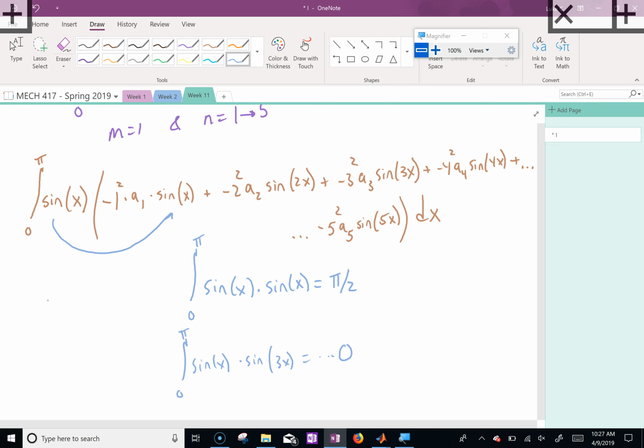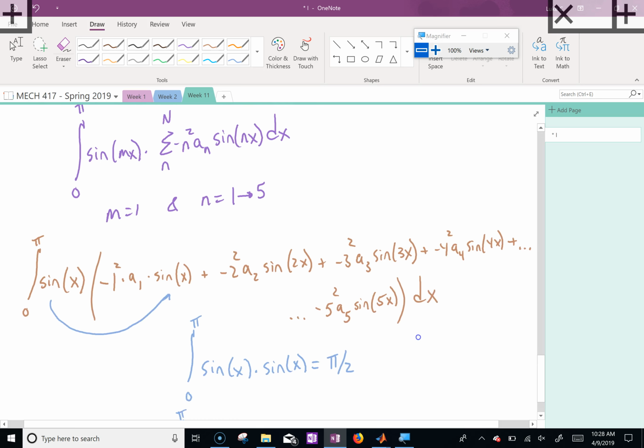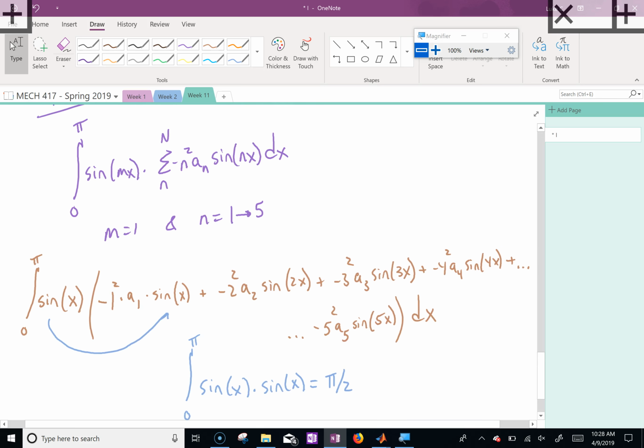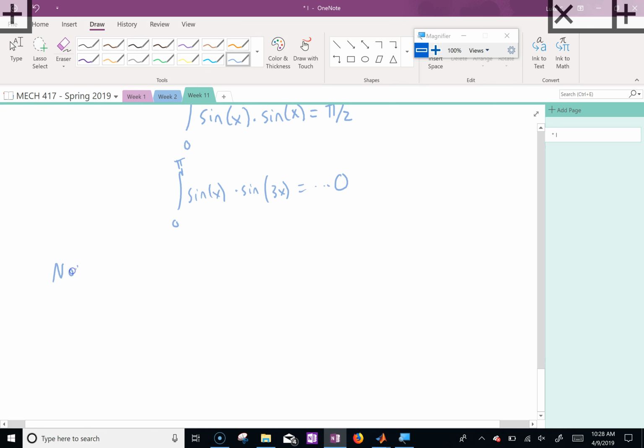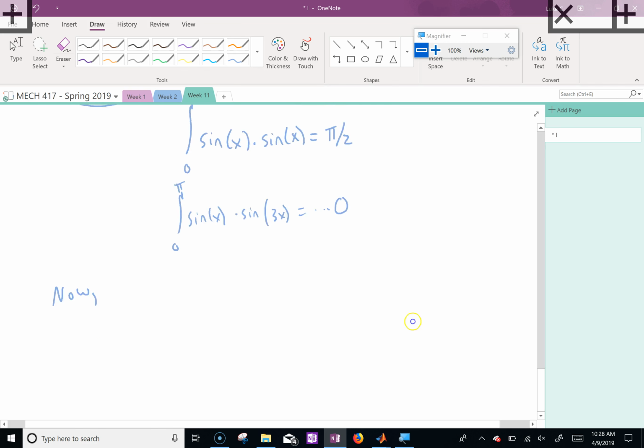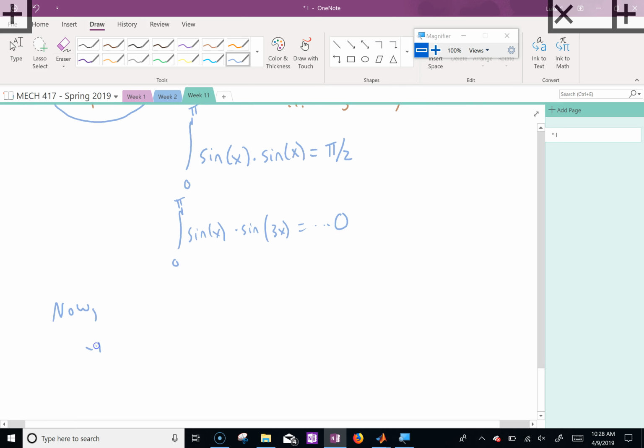All right. Where's my next page here? So what we can do now is that goes to pi over 2, which is actually, there's a negative in front, so negative pi over 2 times m squared times am.